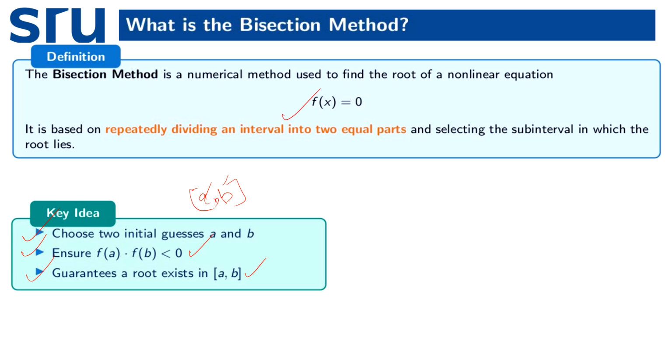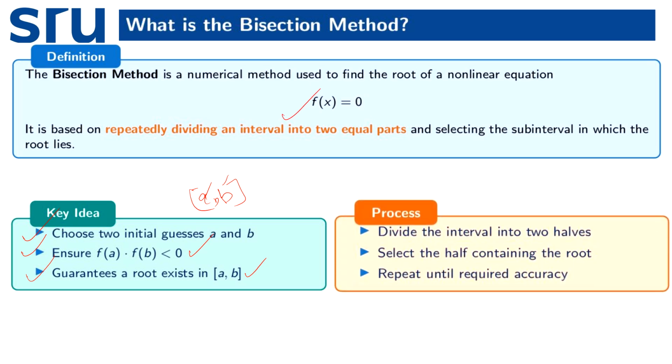Now let us understand the process. The steps are very simple. First we divide the interval into two equal halves. So basically, we find the midpoint of the interval. Say the interval is (a, b).